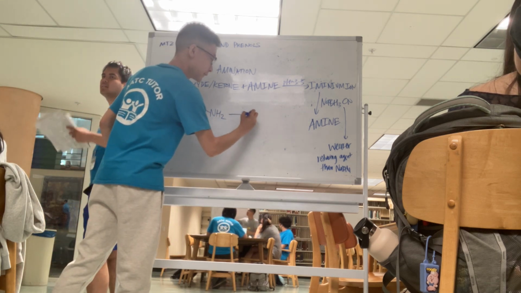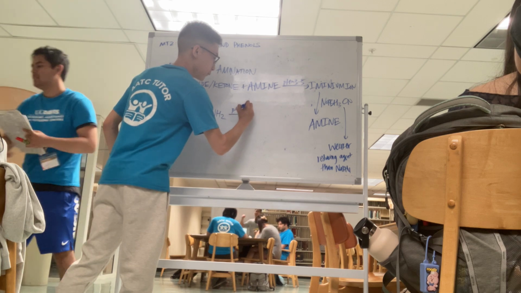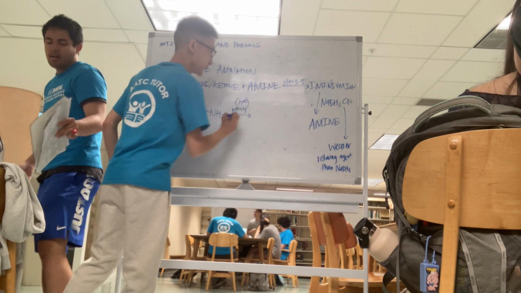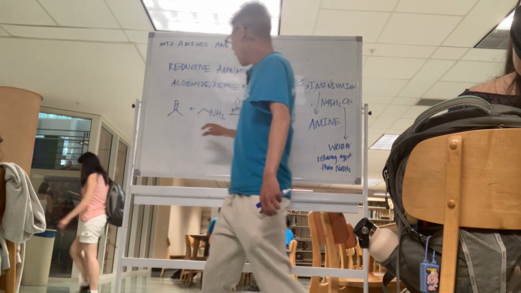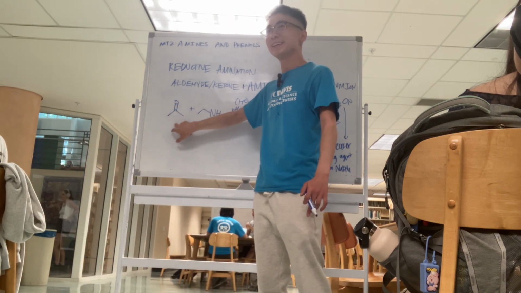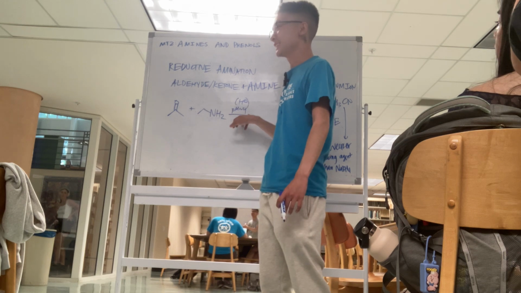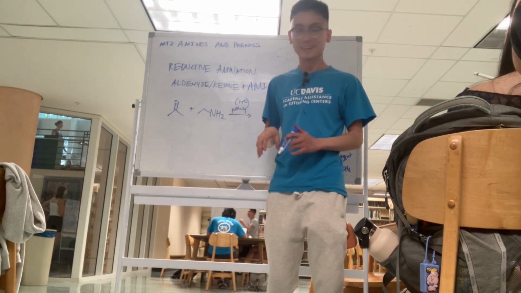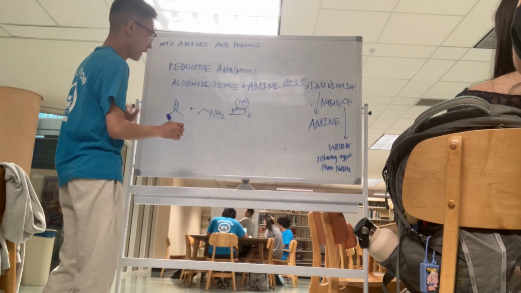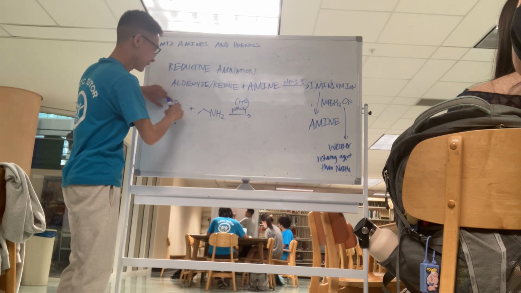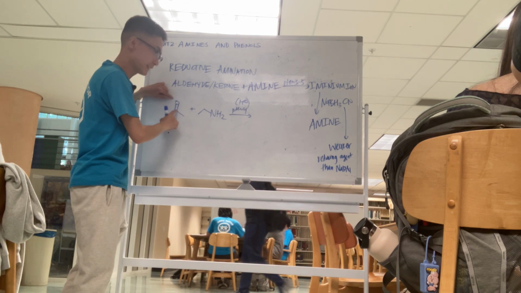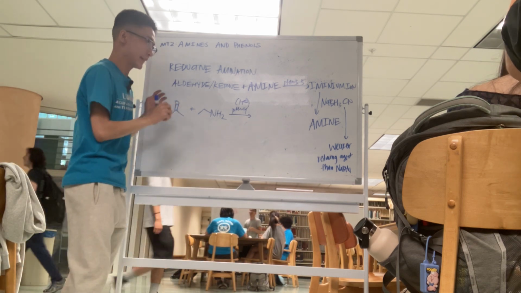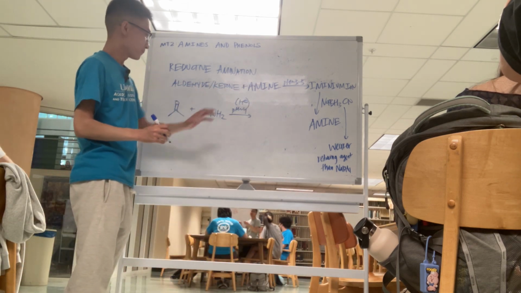If we put it under pH 4, which means that we are in acidic conditions, what do you guys think is going to happen between a carbonyl, amine, and acidic conditions? Yeah, we're going to protonate the carbonyl oxygen here, and then this amine will attack the carbonyl and create the iminium ion, right?